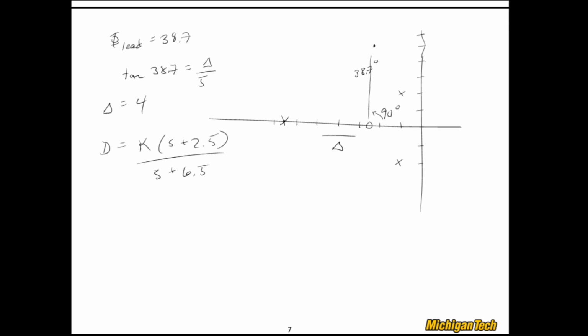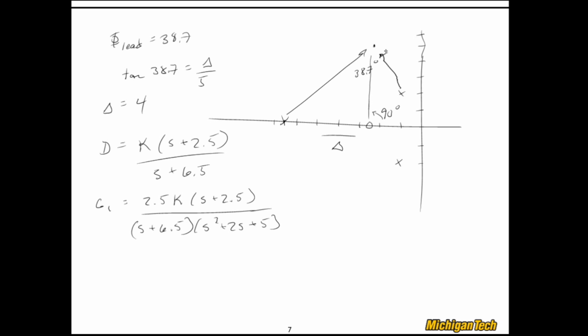Now to get to that, I have to remember that my loop transfer function is equal to 2.5K (S plus 2.5), that's an interesting coincidence, over (S plus 6.5)(S squared plus 2S plus 5). And then draw arrows up to my desired pole location. I'll get rid of this line too. Actually, I'll get rid of this angle.